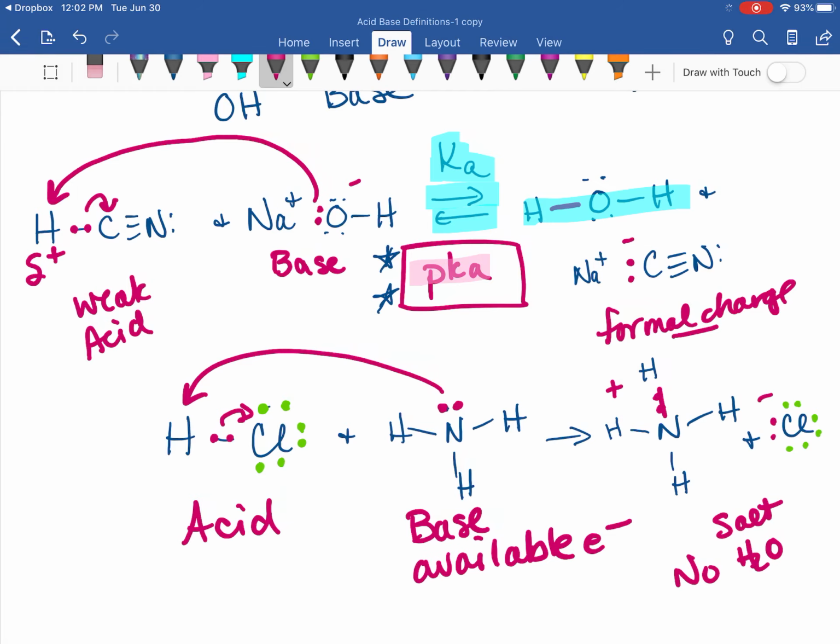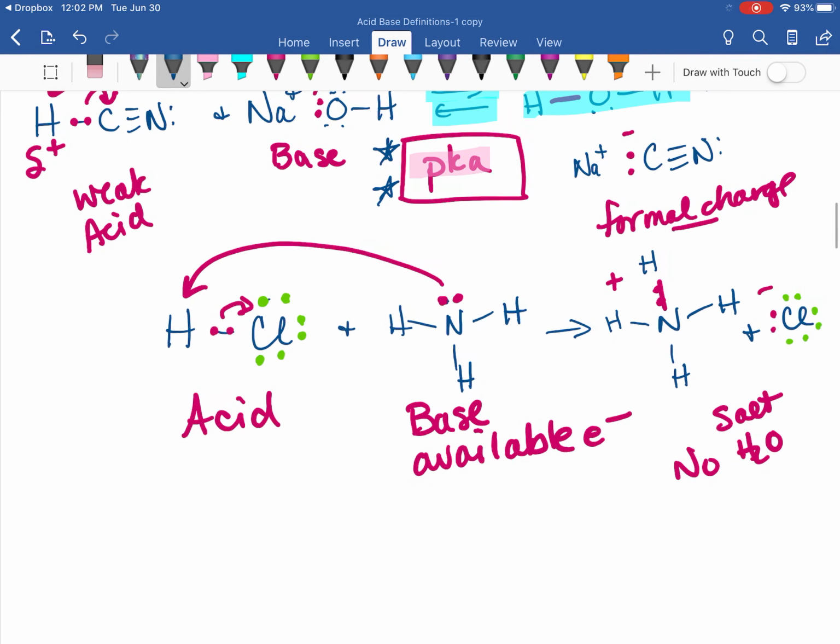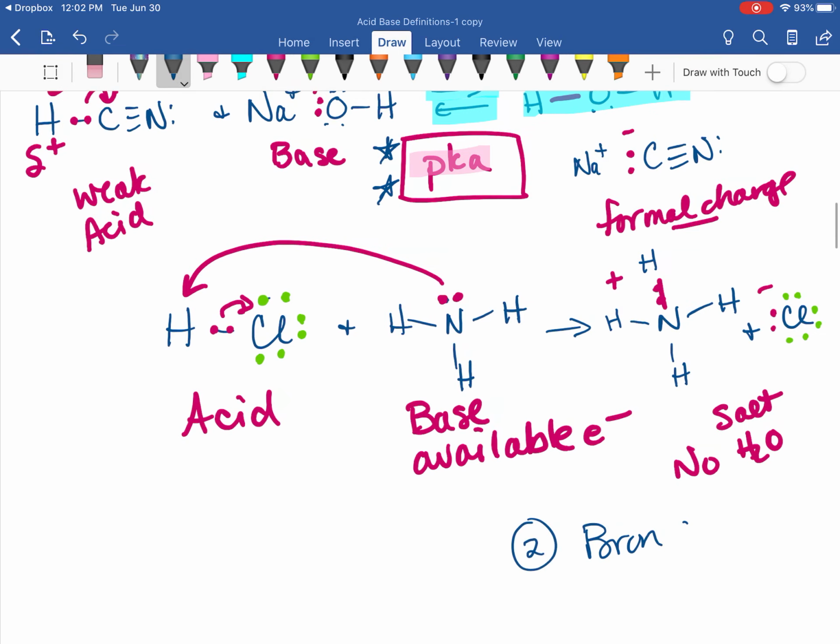Okay, well now this can't be an Arrhenius acid and a base. This has to be something else. So this is our second definition for acids and bases. And this is our Brønsted-Lowry. Oop, let's spell it right. Okay, our Brønsted-Lowry acid and base actually takes away the OH from your base.